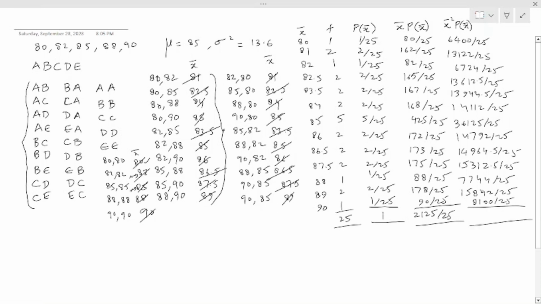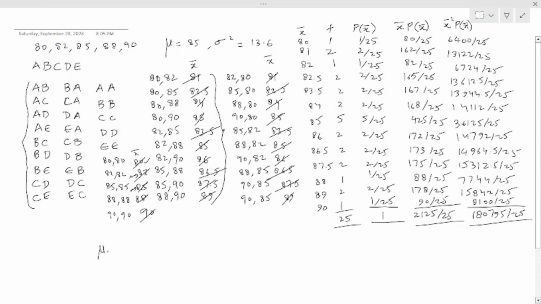Now we need to add them all, and the sum should be 180795 on 25.